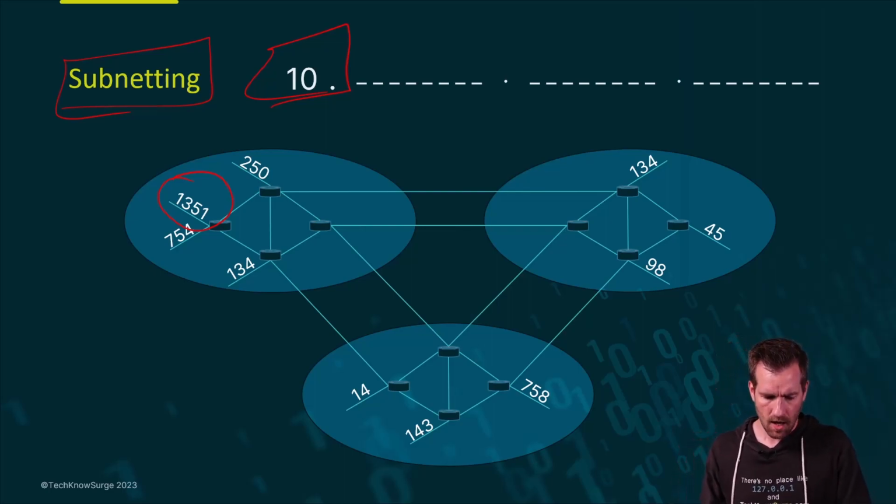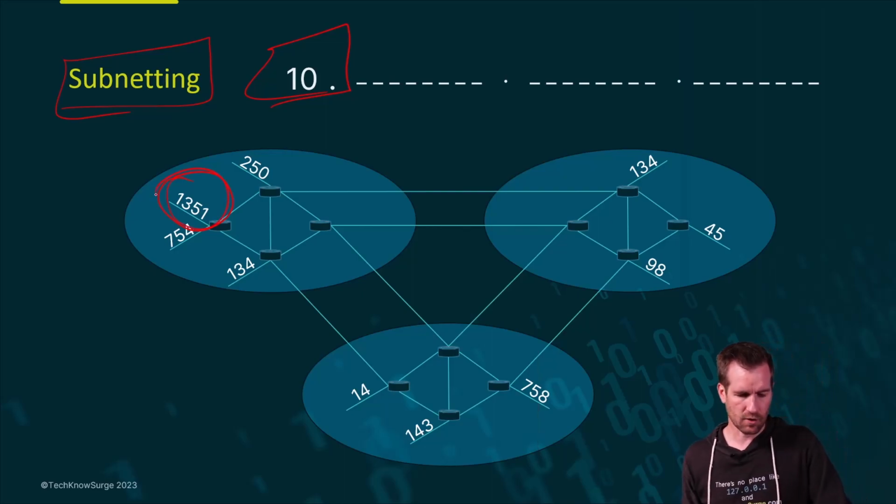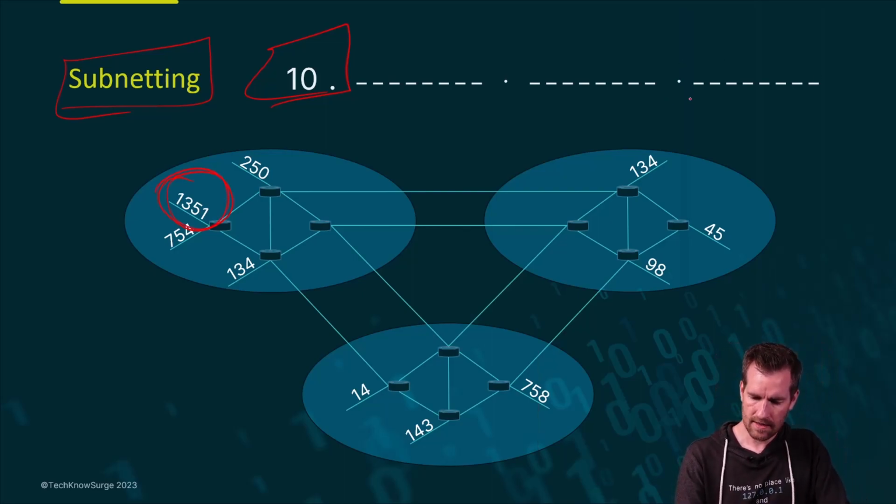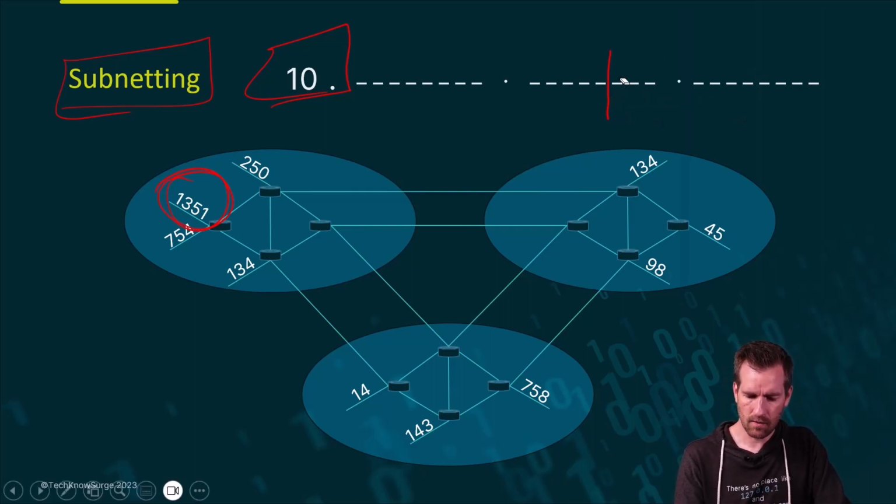So what I could do with this is, if I'm planning for 2,000 hosts, I know that this gives me 256, 512, 1024, 2048. So I could draw the line right there, because it looks like what I need is at least that amount for my hosts.